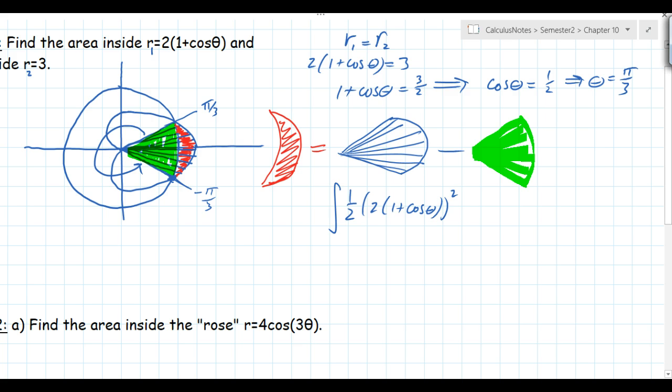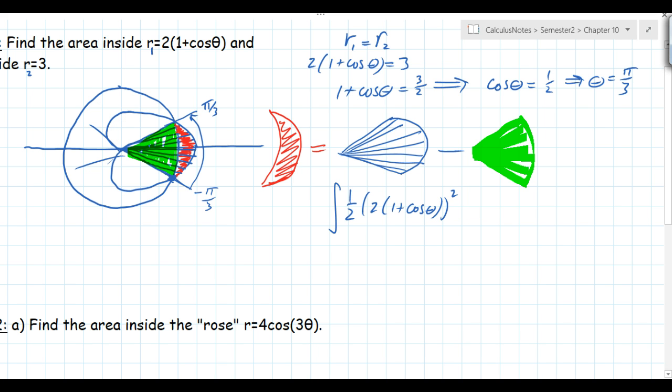We're going clockwise from negative pi over 3 up to pi over 3. Okay? So we would get the incorrect answer if we integrated from pi over 3 to 5 pi over 3, because we'd be filling in a bunch of sectors over here, and that's not what we want at all.